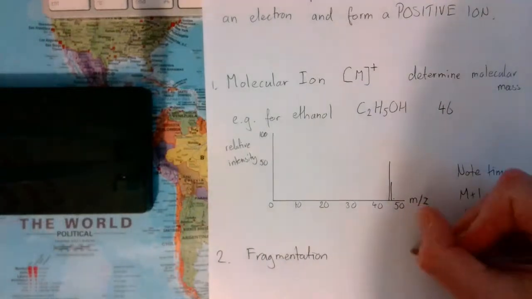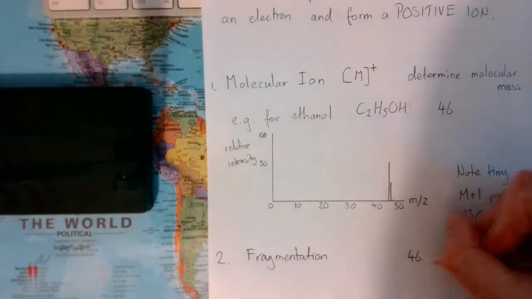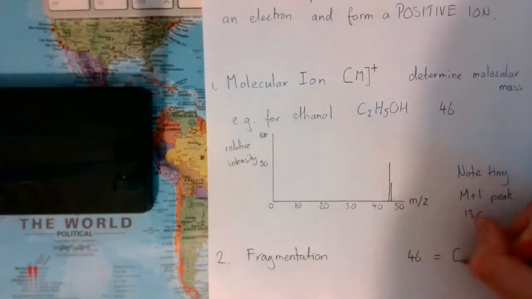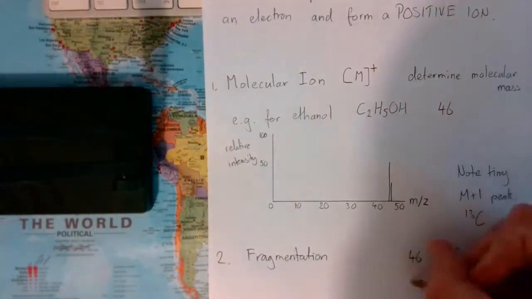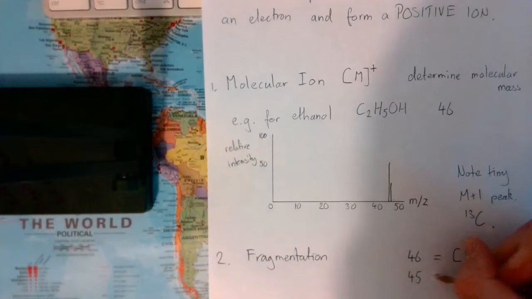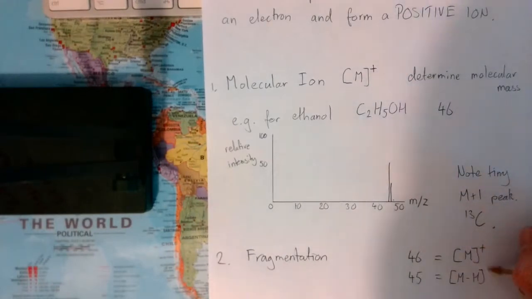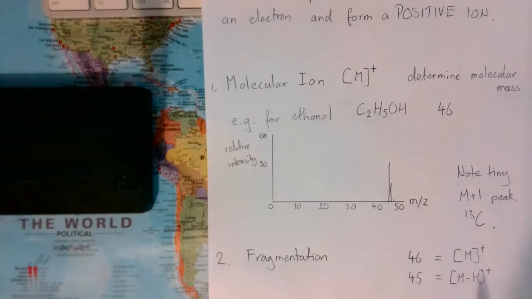So here the peak of a mass to charge ratio at 46 is the molecular ion. This really large peak here is the molecular ion minus a hydrogen.